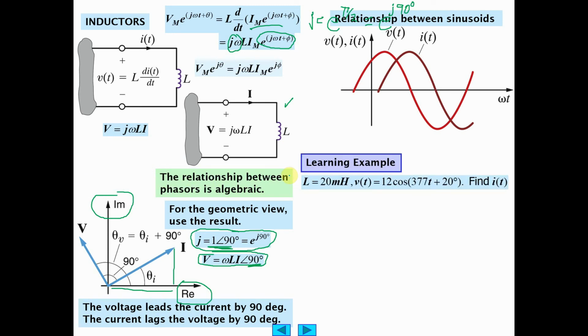Okay. So, we want to find i of t for this for L of 20 millihenries. The first thing we do, write down the phasor representation. So where did this come from? 12 at 20 degrees phase angle. Oh, there we go. There's v of t. And we know L, so we can use this formula now, rearrange it to get this.